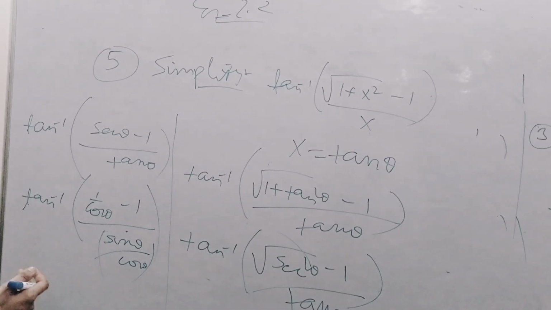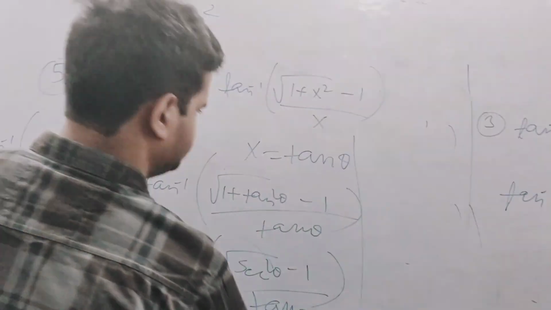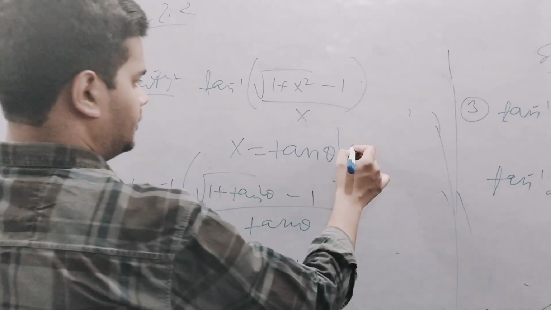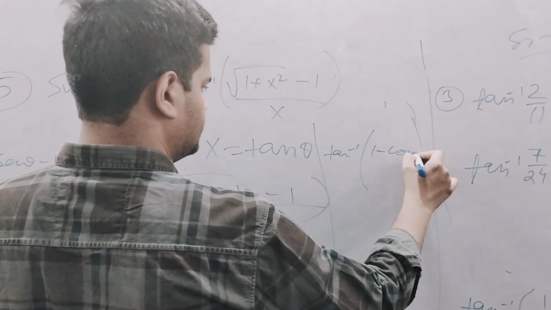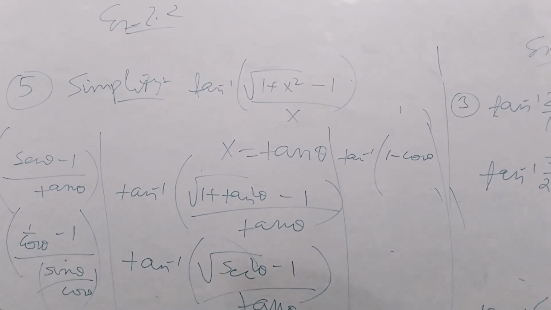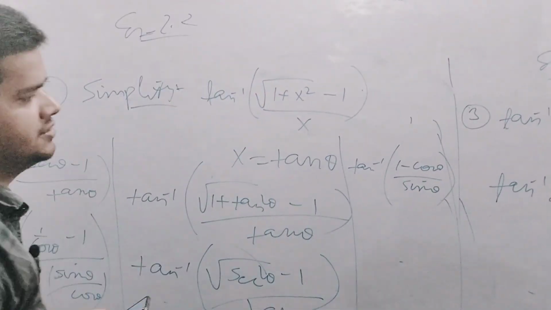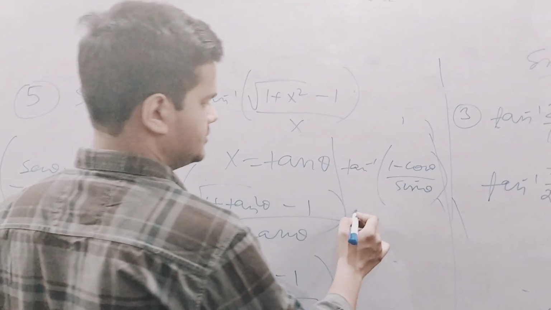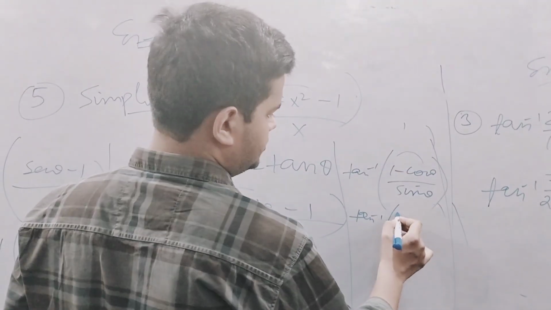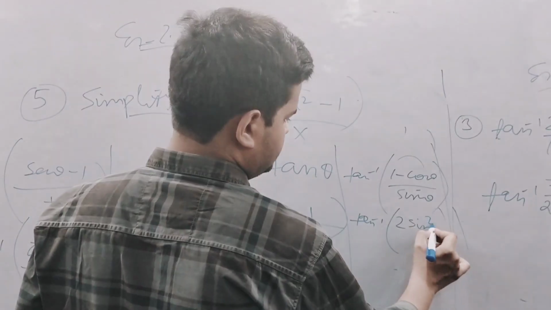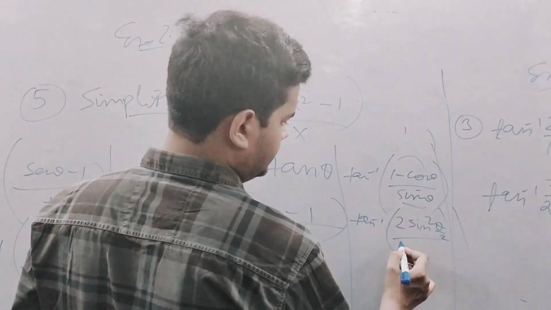Okay, so this is tan inverse 1 minus cos theta by cos theta upon sin theta, and the cos will be cancelled out. So this is tan inverse, what is 1 minus cos? It is 2 sin square theta upon 2, and this is sin theta.